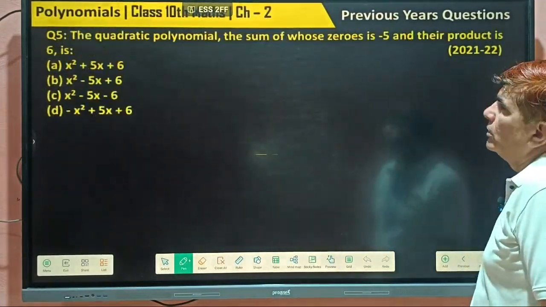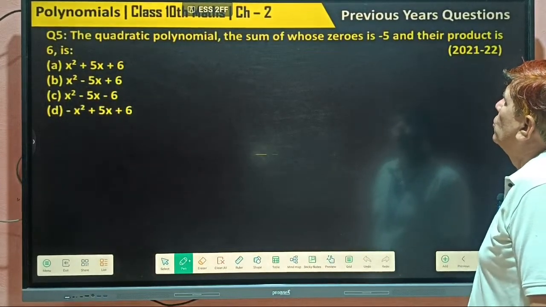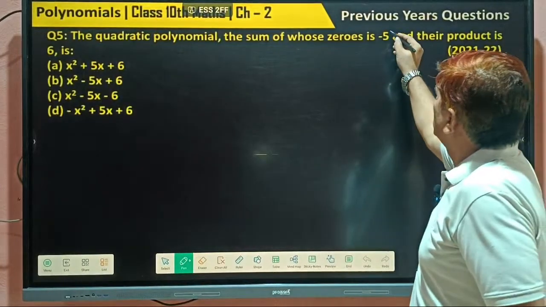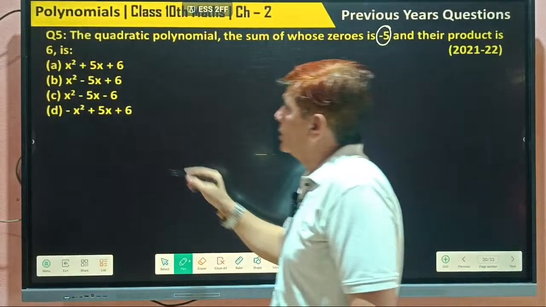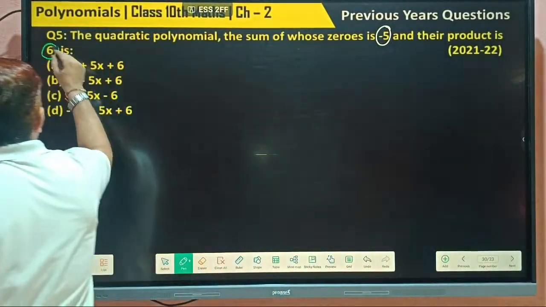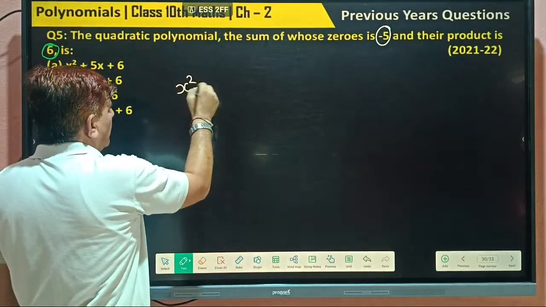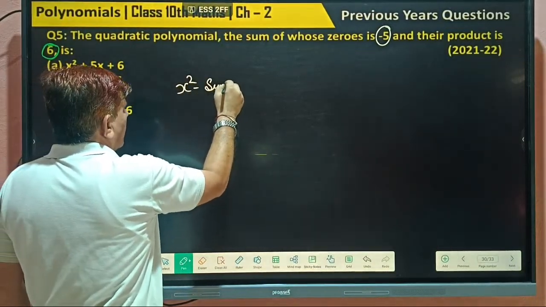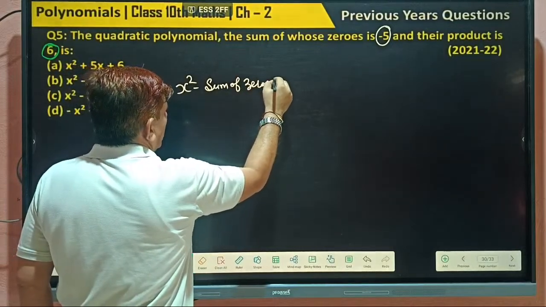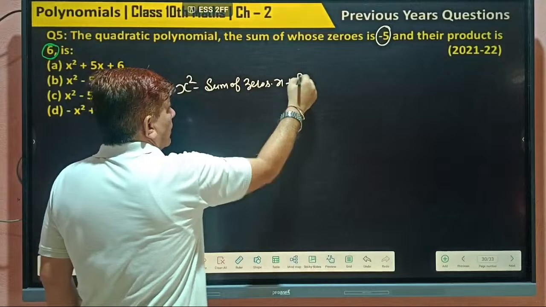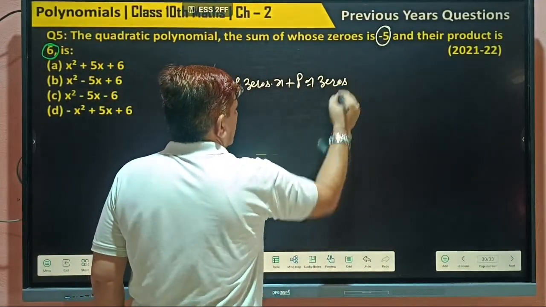This I told you. Next: find the quadratic polynomial, the sum of whose zeros is minus 5 and the product of the zeros is 6. This you know. This is the formula: x square minus sum of zeros into x plus product of zeros.